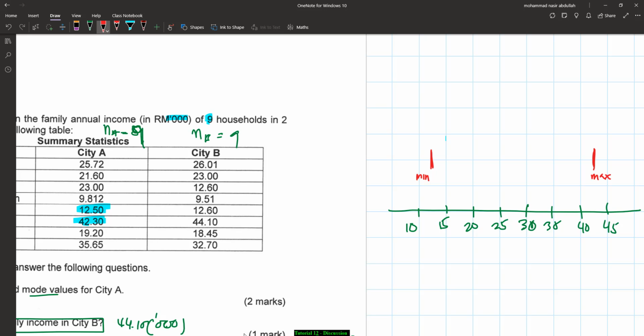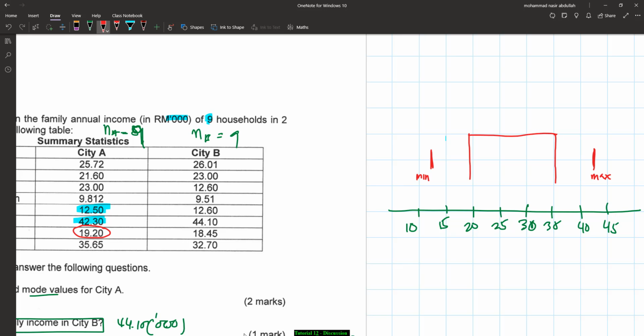And then we're going to look into quarter 1, which should be 19.2. 19.2 should be somewhere here. So we draw it a bit longer. 19.2 somewhere here. And 35.6. 35.6 somewhere here. It is a bit close to 35. Right. So this is a box and whisker plot.